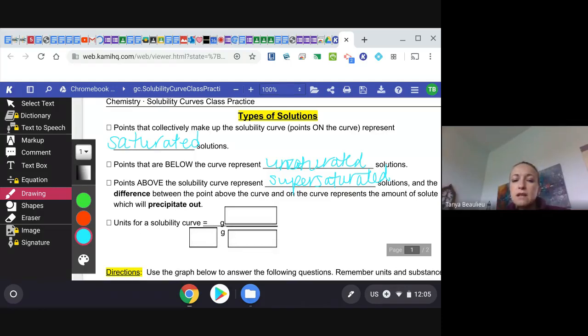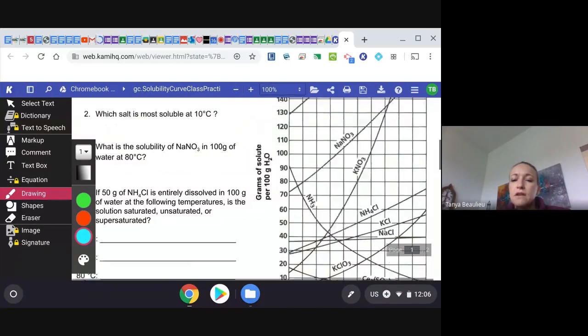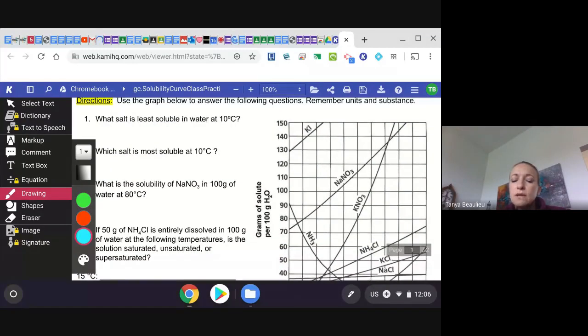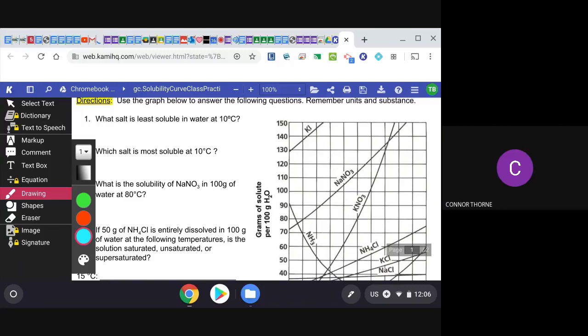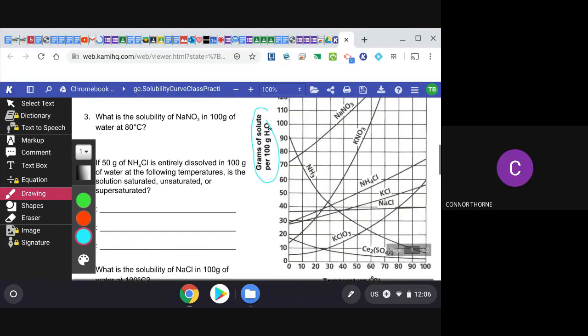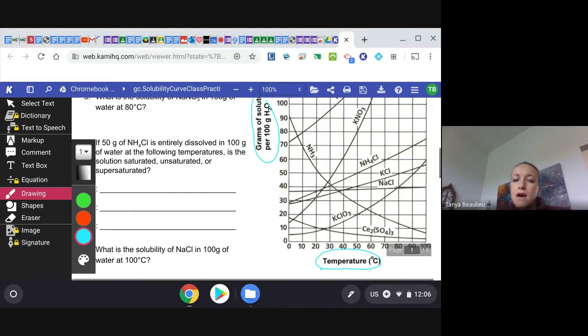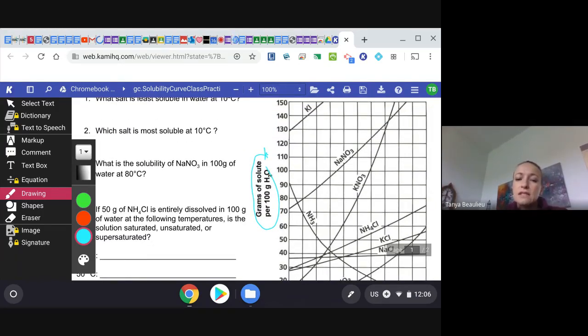Units for solubility curve. So when I'm talking about solubility curve, I'm really talking about this graph here. On this graph, it's showing you the solubility of all these different solids. So over here, we see the grams of solute per a given temperature there, okay? This is our units of the solubility curve.